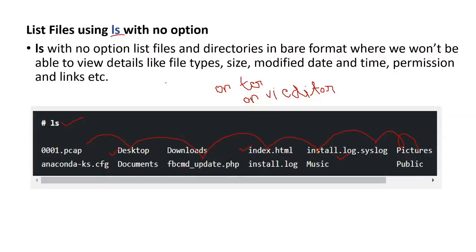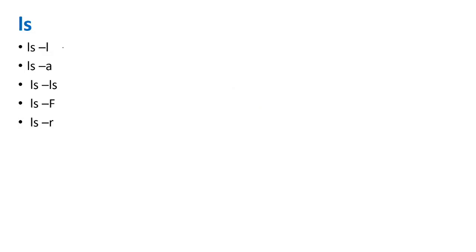Now let us see the ls command with various options. The ls command can be used with various options like ls -l, ls -a, ls -s, ls -f and -r.